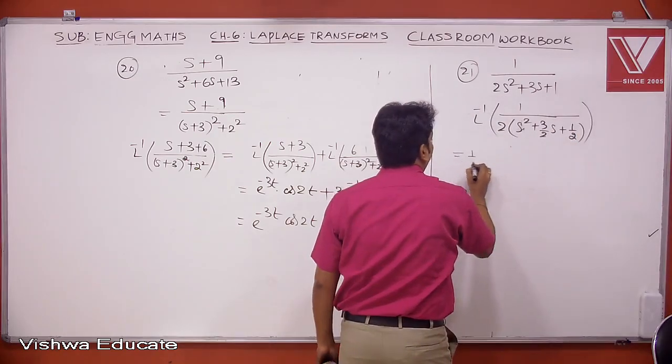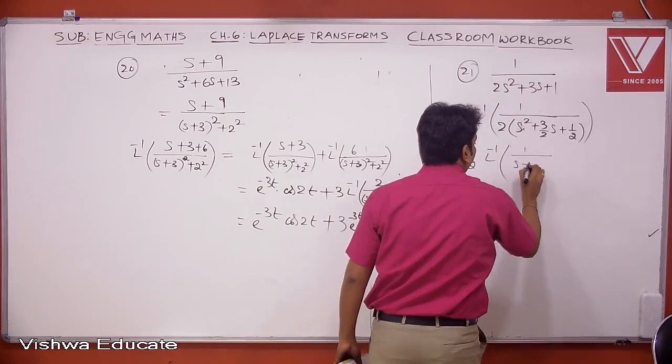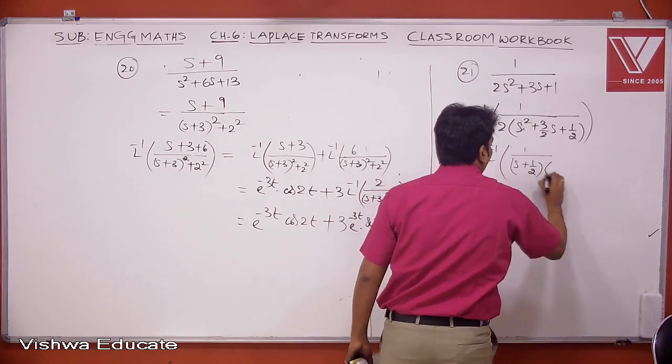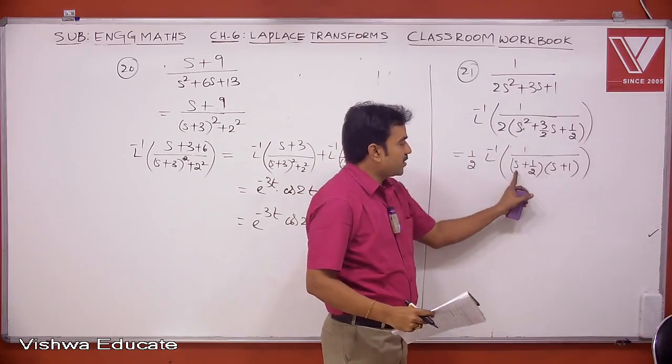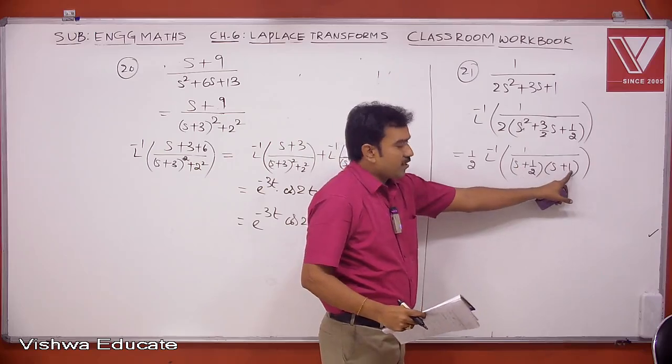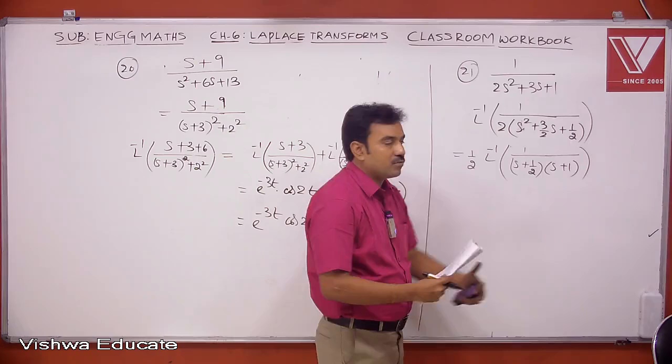So this is 1 by 2 into L inverse of this expression, which we can write as 1 by s plus 1 by 2 into s plus 1. Multiplying these two, s into s square plus s plus 1 by 2 s by 2 plus s, 3 by 2 s plus 1 by 2 into this.